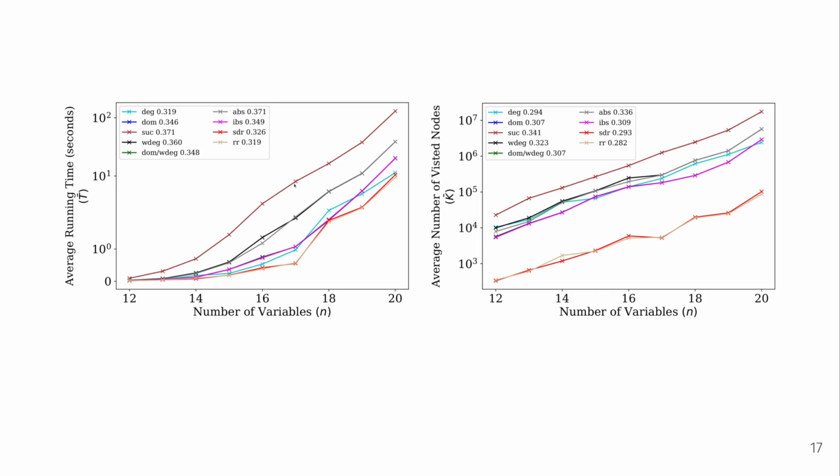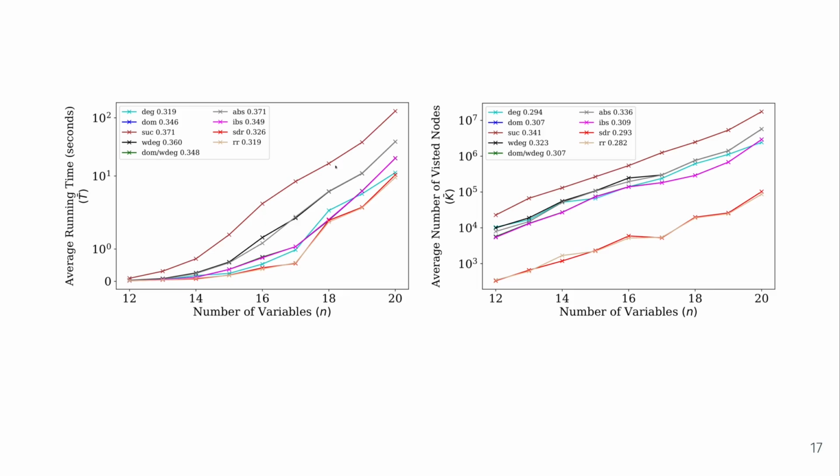Each cross here represents an algorithm's average running time on the random instances with a specific number of variables. For example, this cross represents the algorithm SoC's running time on instances with number of variables equaling 16.